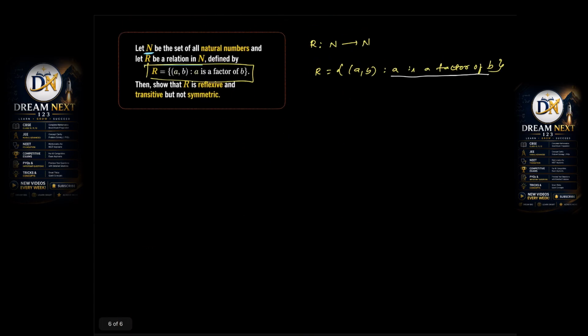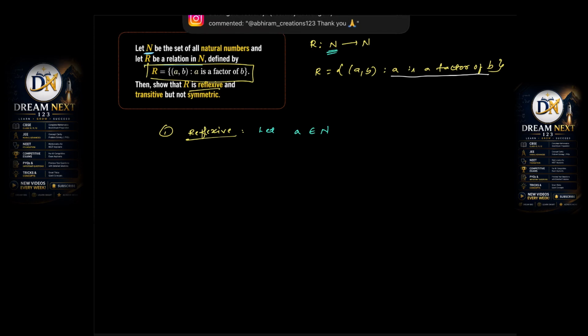This is my relation. We have to show it is reflexive. How to show it is reflexive? Let us consider a number which belongs to the set A, not the relation. That means our set is the natural numbers. Let a belong to the natural numbers, any natural number, no matter which. The relation given is a is a factor of b.